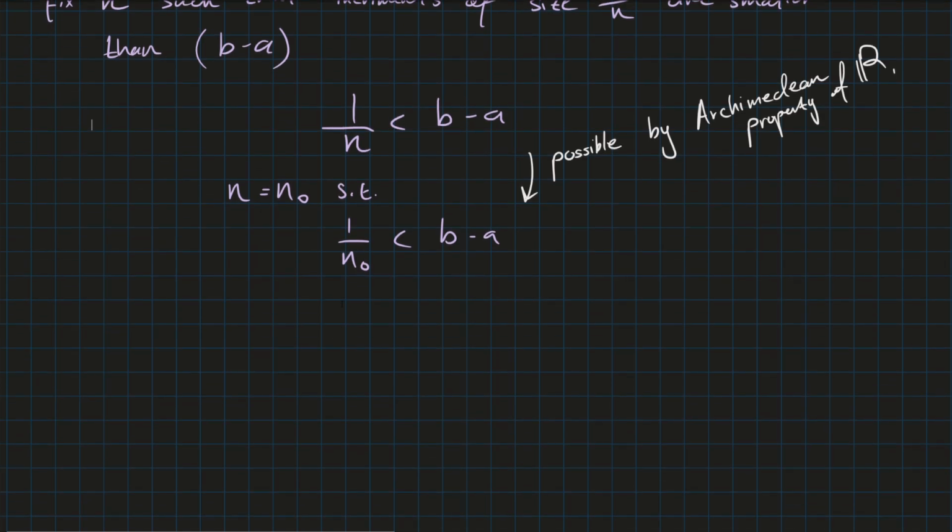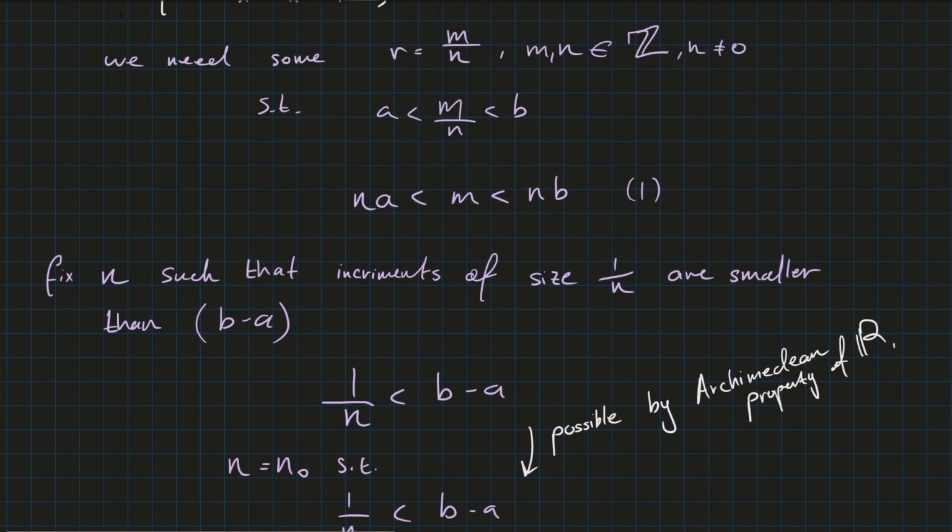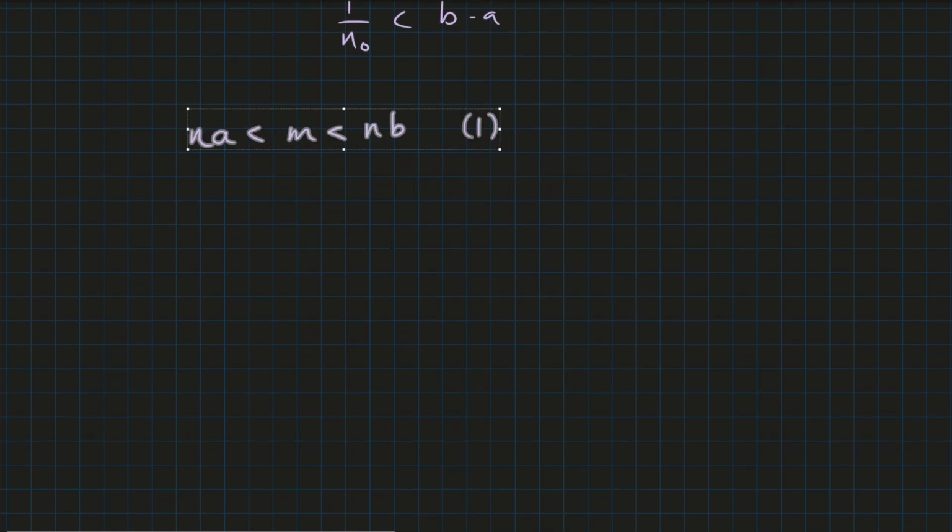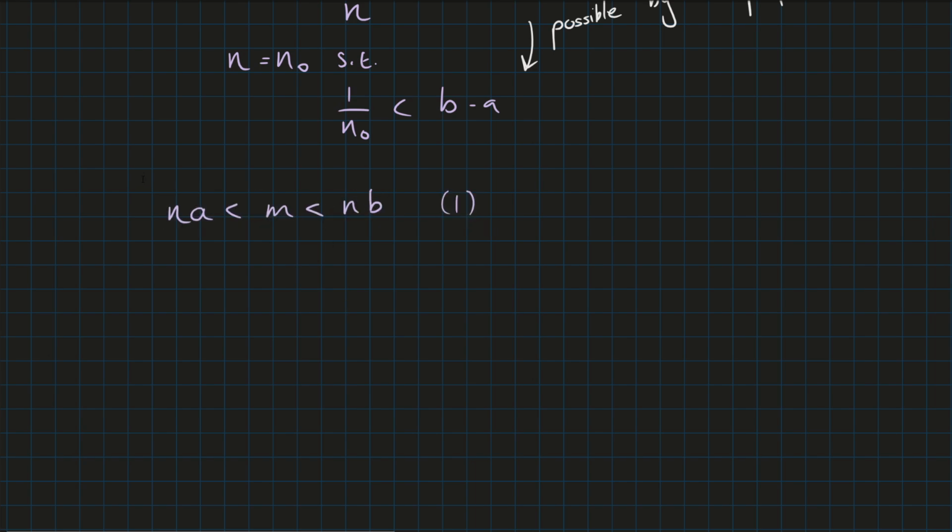So okay, I fixed that. So now my equation, my equation 1, like this, can kind of turn into a and not, or and not a, and not b here.